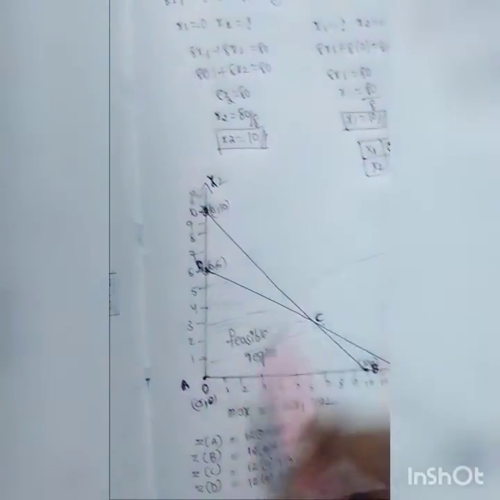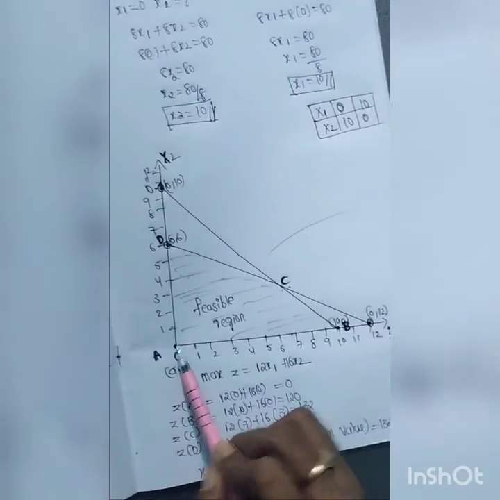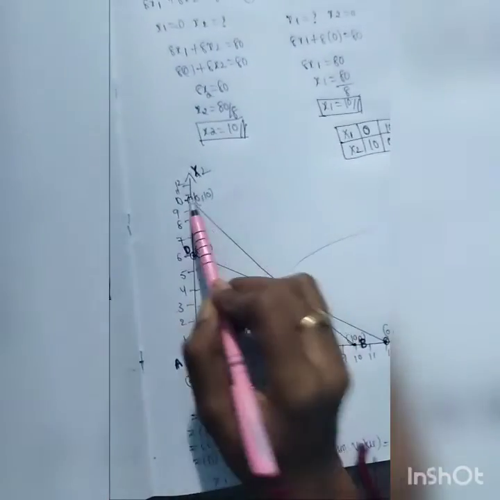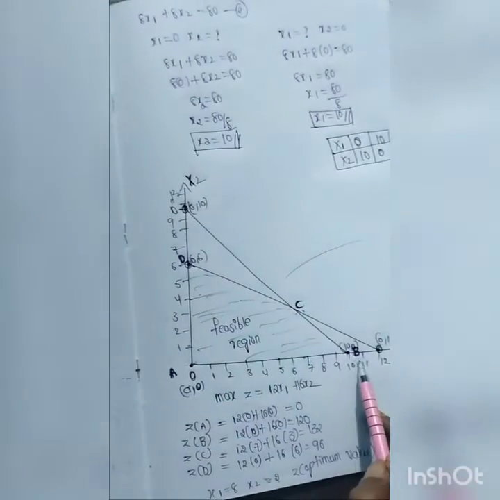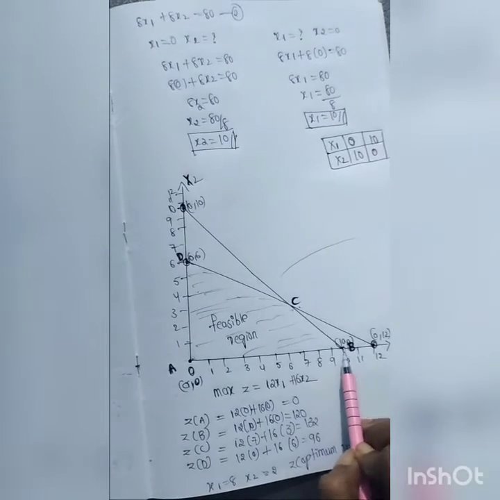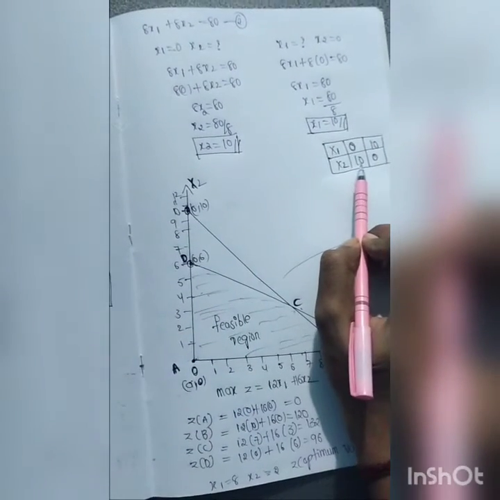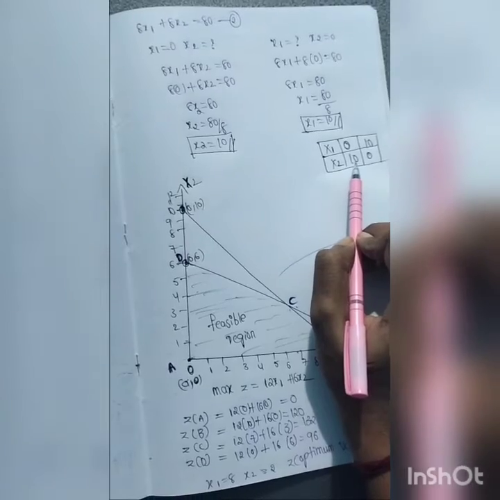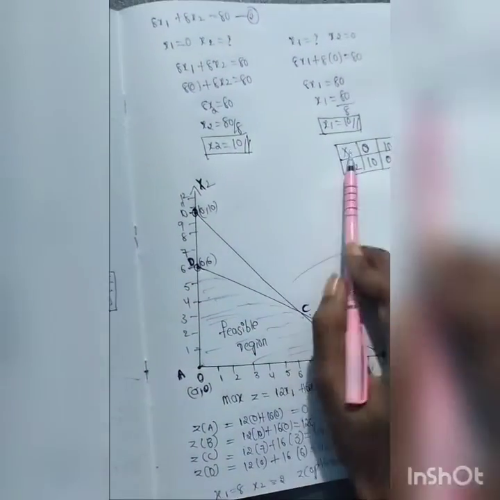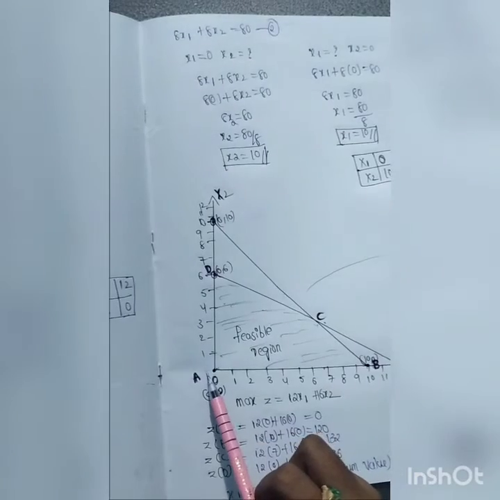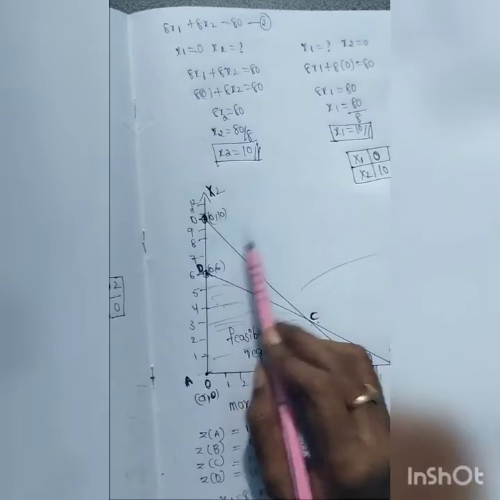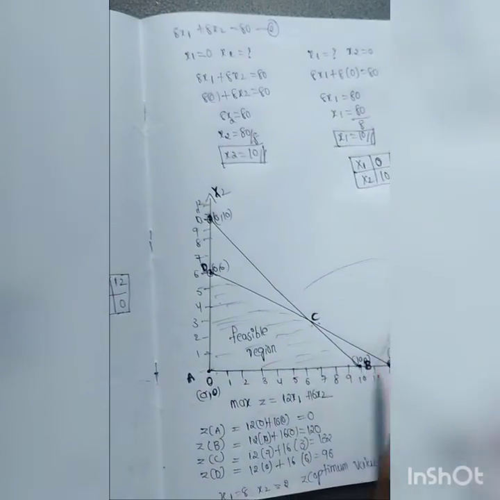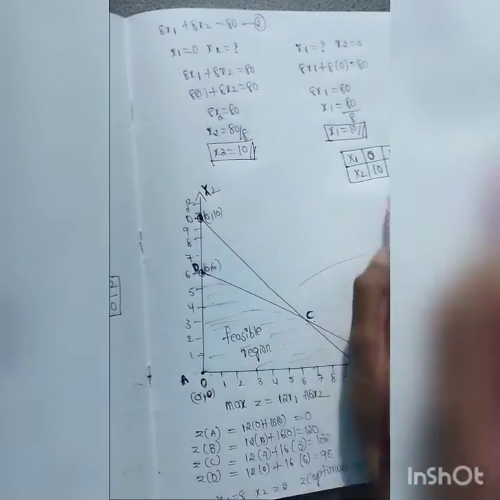So x1 equals 0 and x2 equals 10, we put 0 comma 10, and x1 equals 10 and x2 equals 0.